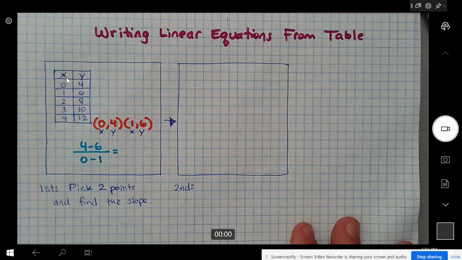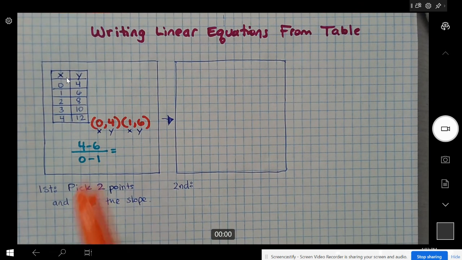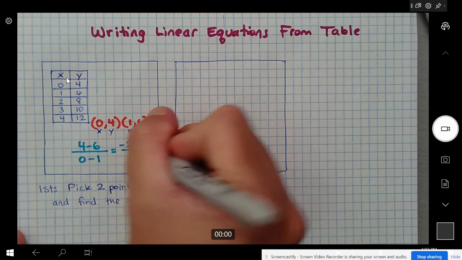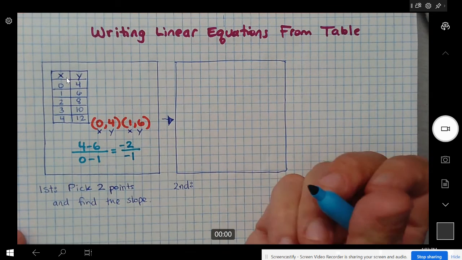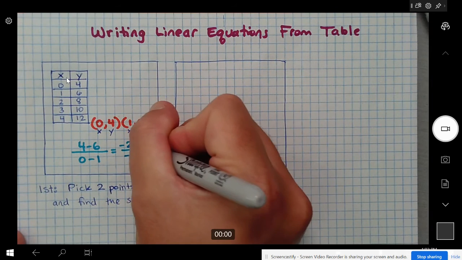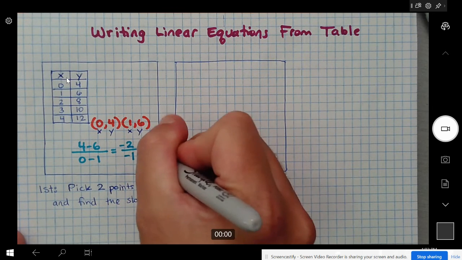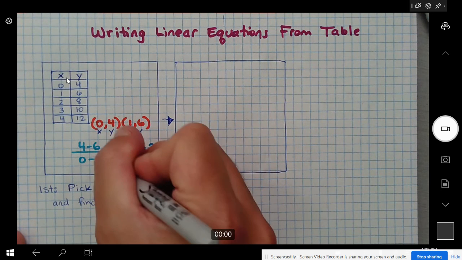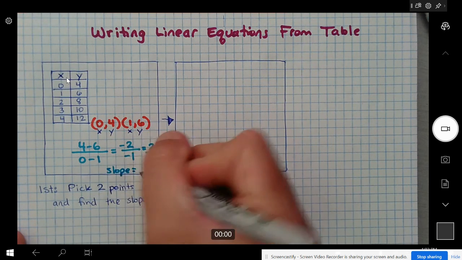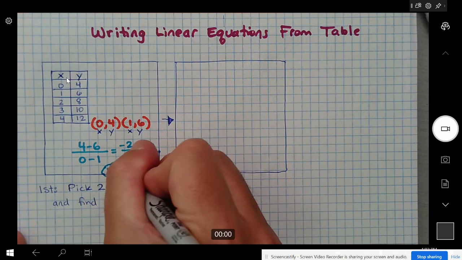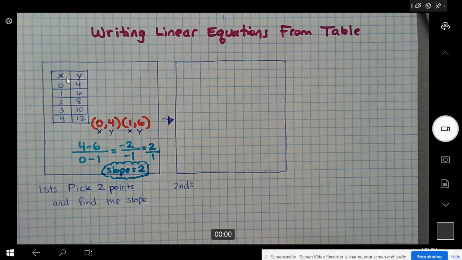Okay, and that's going to actually equal -2 over -1, which actually equals +2 over 1. Can we just call it 2? Slope equals 2. All right, you keep writing that down.